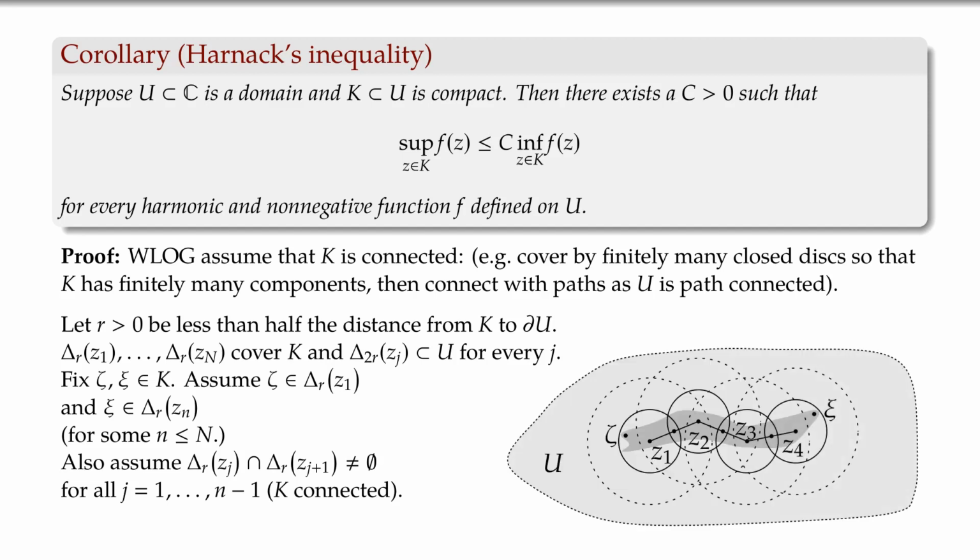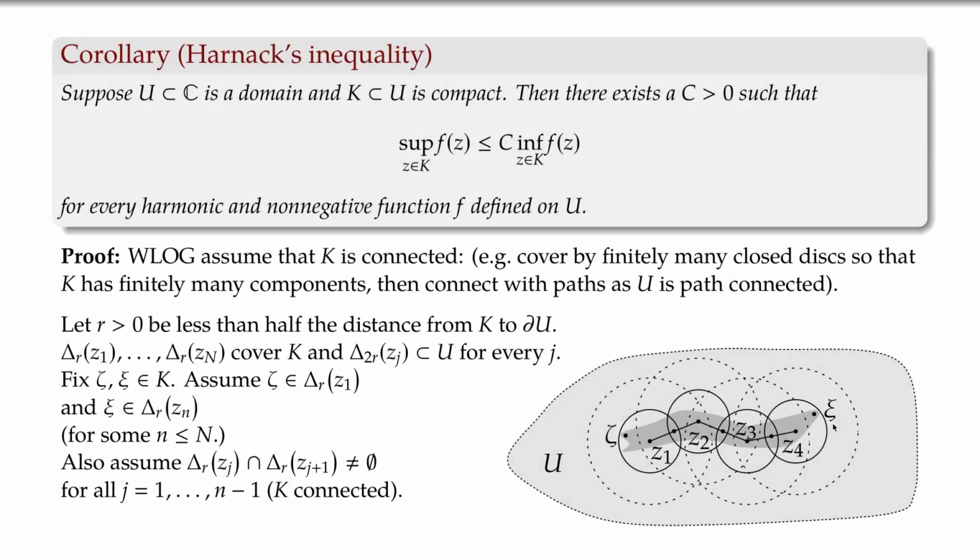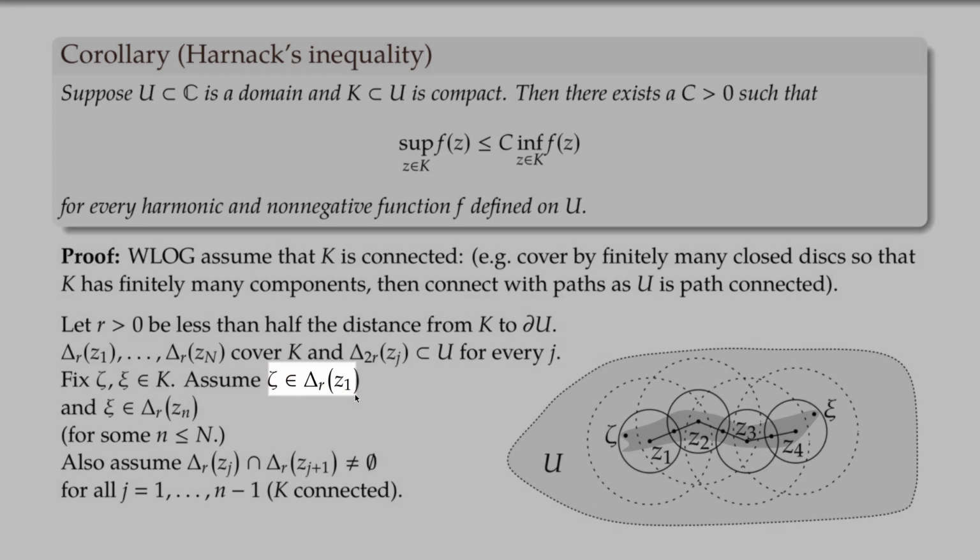Now, what is this going to mean? Well, this is an example setup. So we have a zeta and we have a xi over here, and zeta is in the first disk, and this disk over here.